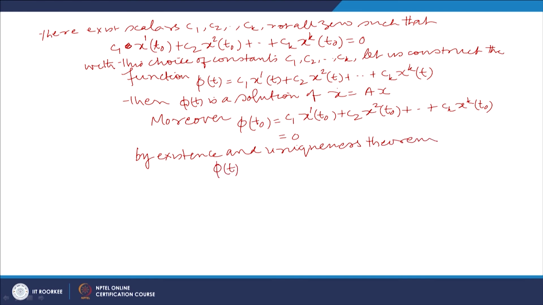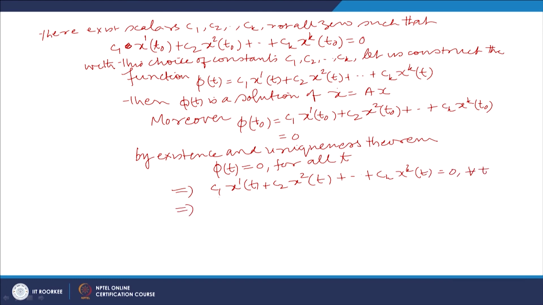phi t and the trivial solution must be the same. So, phi t is equal to 0 for all t, okay, which implies that C1 x1 t plus C2 x2 t and so on Ck xk t is equal to 0 for all t, and this tells us that the k functions x1 t, x2 t and so on xk t are linearly dependent, okay, and so we get a contradiction.